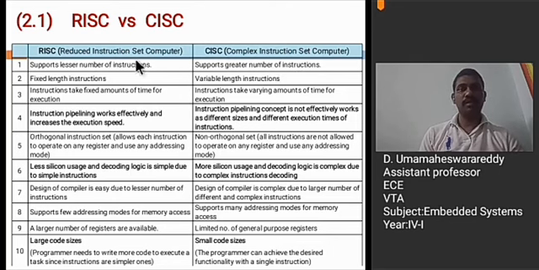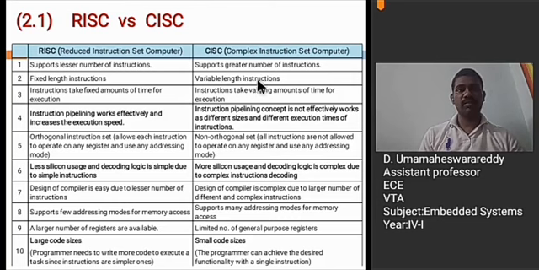And coming to the second point, instructions are fixed in length in RISC. But in CISC, instructions are of variable length. The length of the instruction will vary, meaning it may be 1 byte or 2 bytes or 3 bytes.